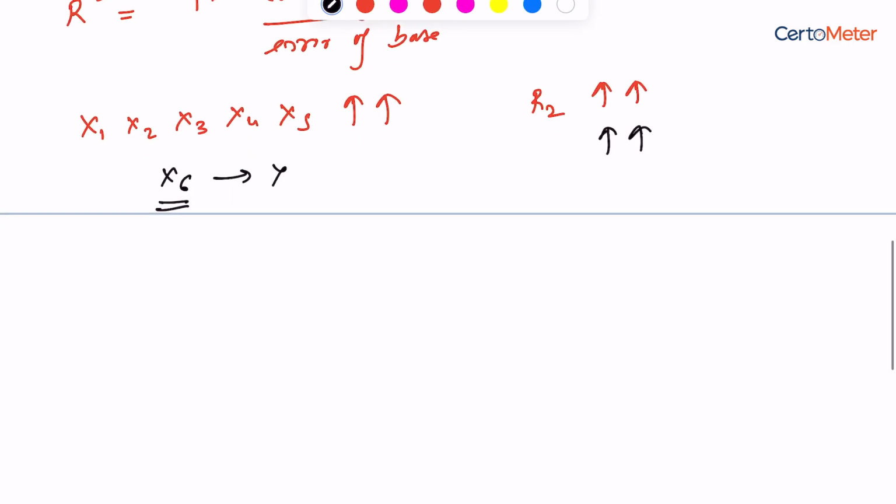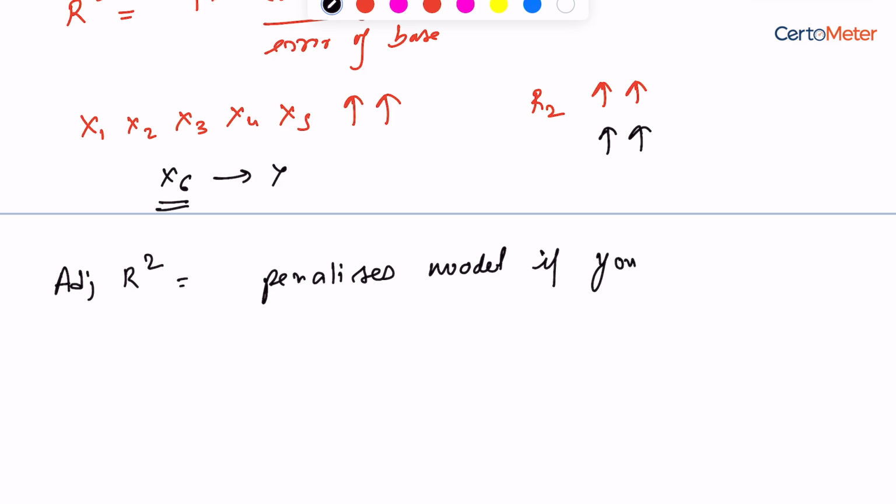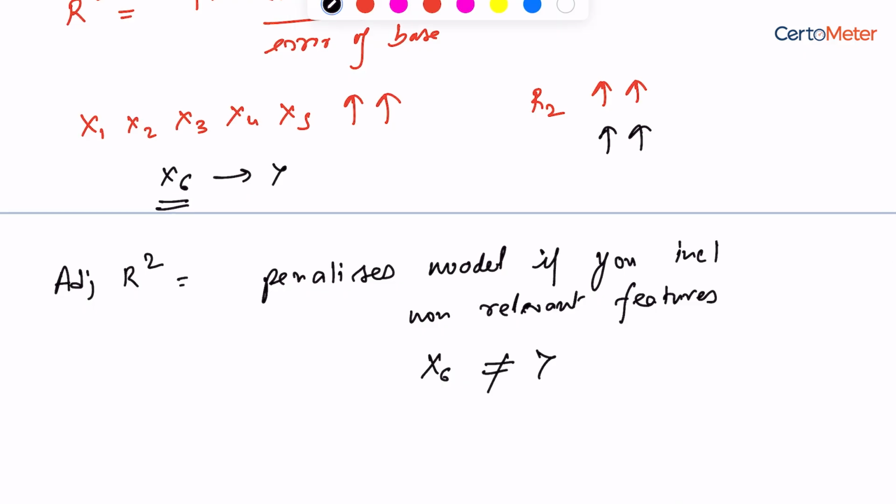And that is why we came up with a new formula called adjusted R square, which penalizes your model if you include non-relevant features. That means if I try to include this x6, which is not related to y, my adjusted R square will go down.